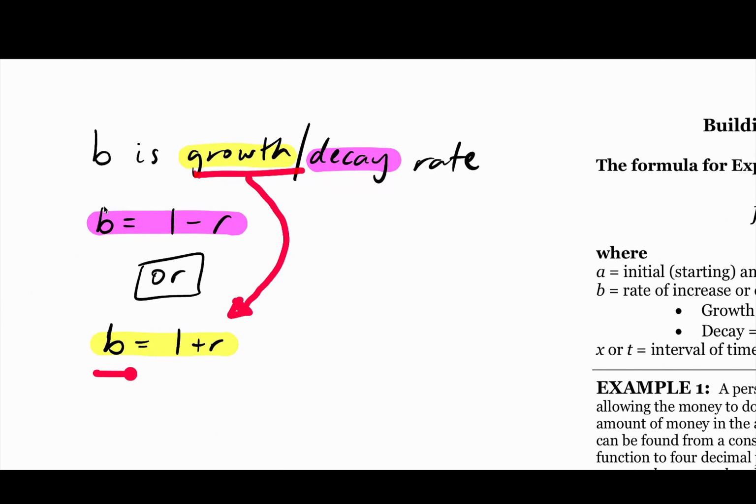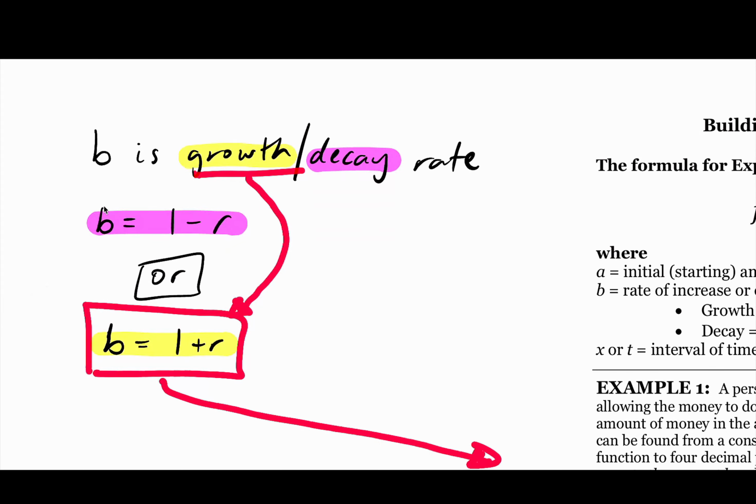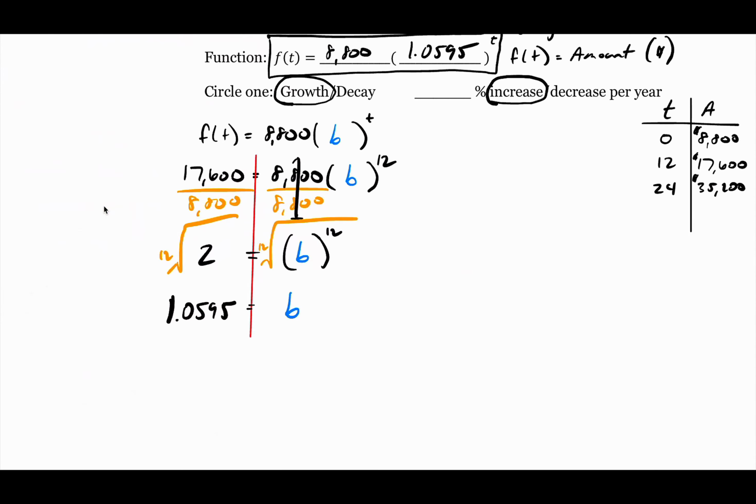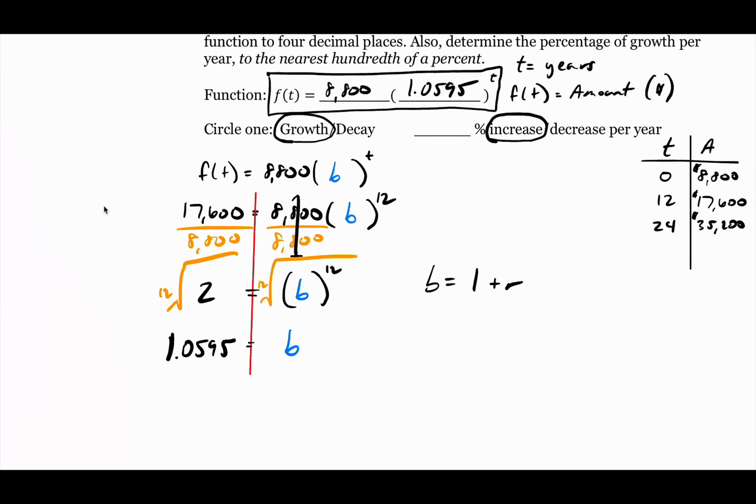So now what I'm going to do is I'm going to put this guy down there, right? Because we know that b equals 1 plus r. Well, we know what b is now. We know b is 1.0595.